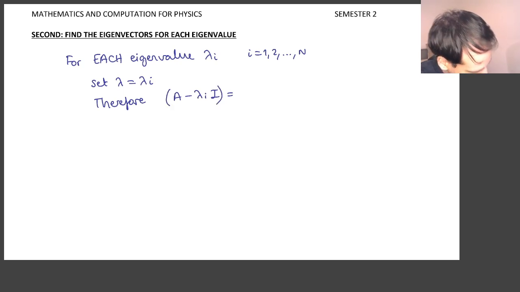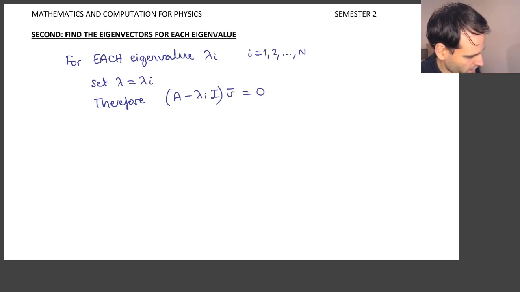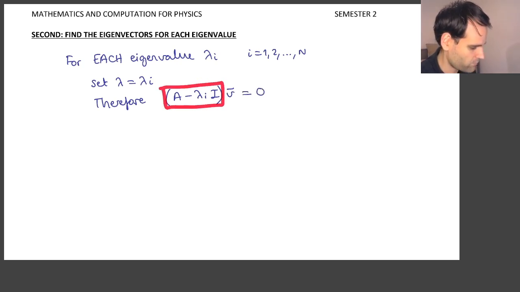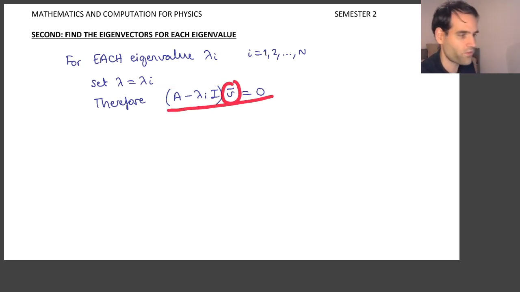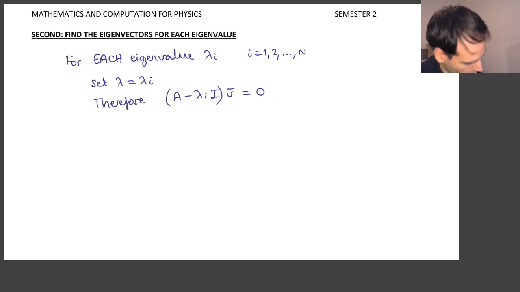We know that this will have infinite solutions because the determinant of this matrix is 0. And therefore, we know that this system will have infinite solutions for V.